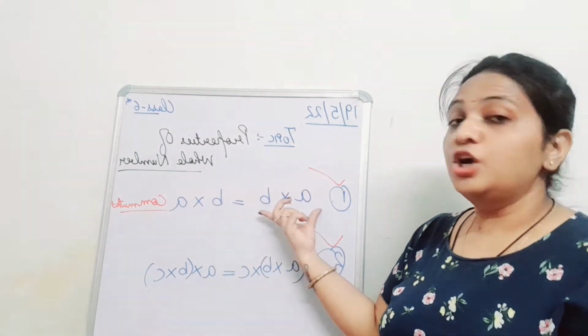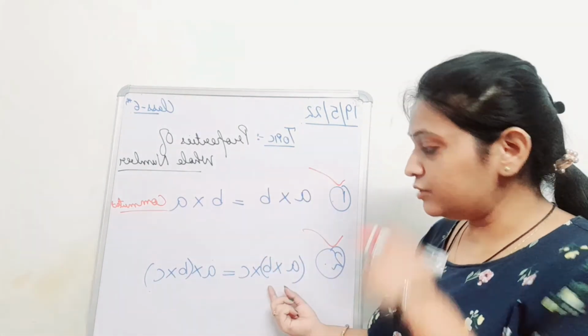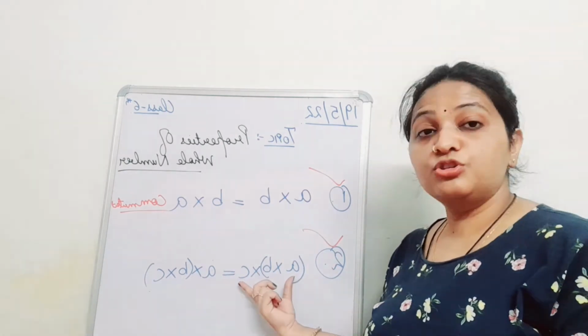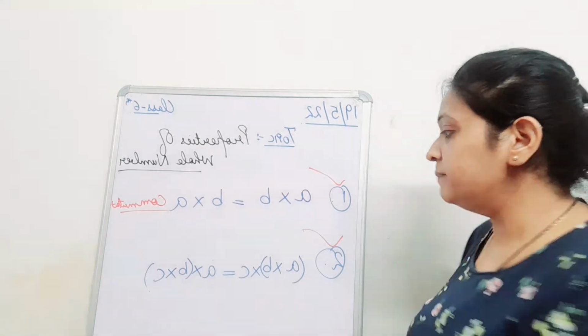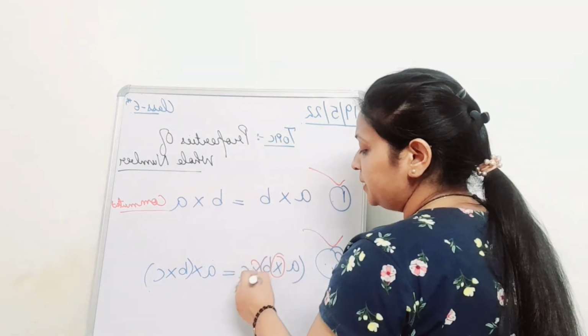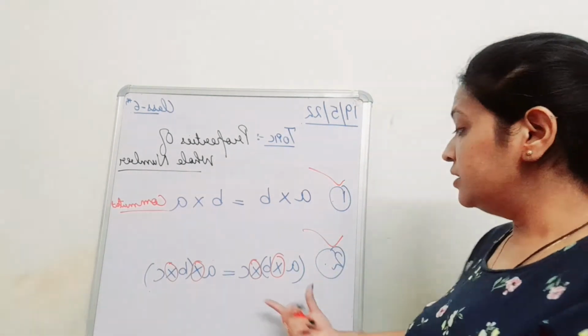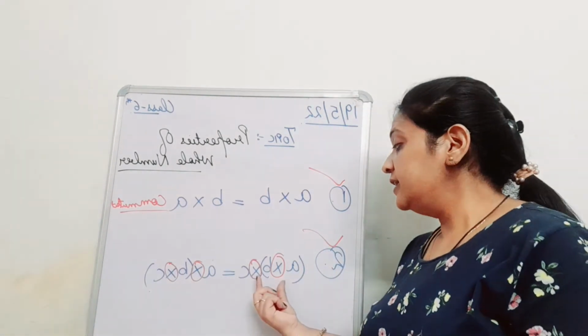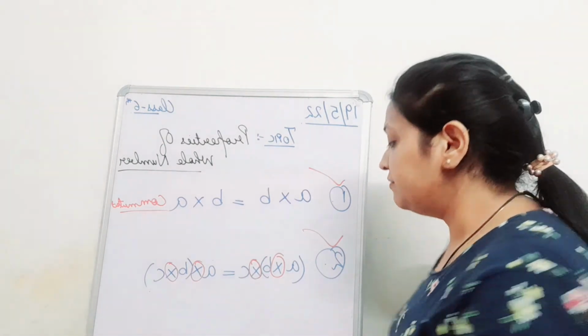Commutative will be used where? When we use two numbers and a single operation is there. And associative when we use three numbers and the same operation twice. Right? This is also multiply, this is also multiply. When we use three numbers and the same operation two times, which property will that be, beta?